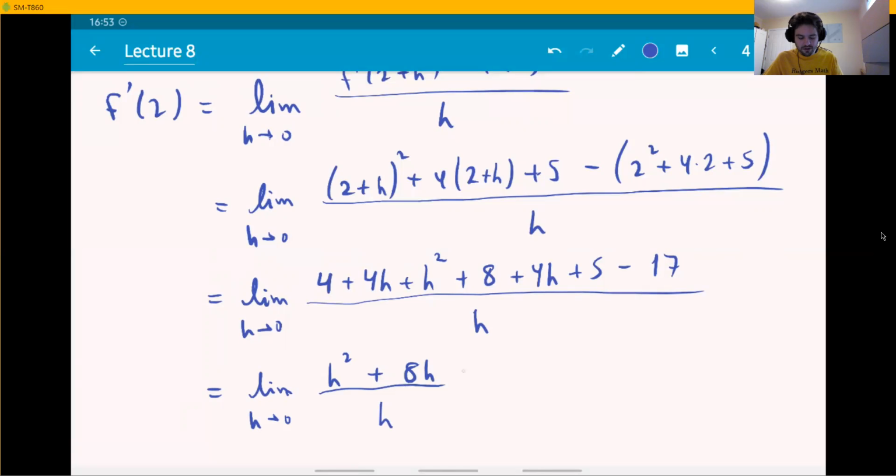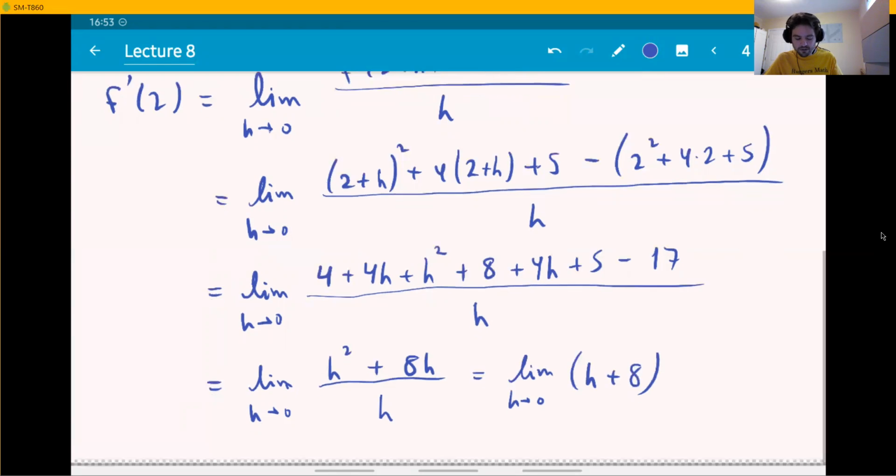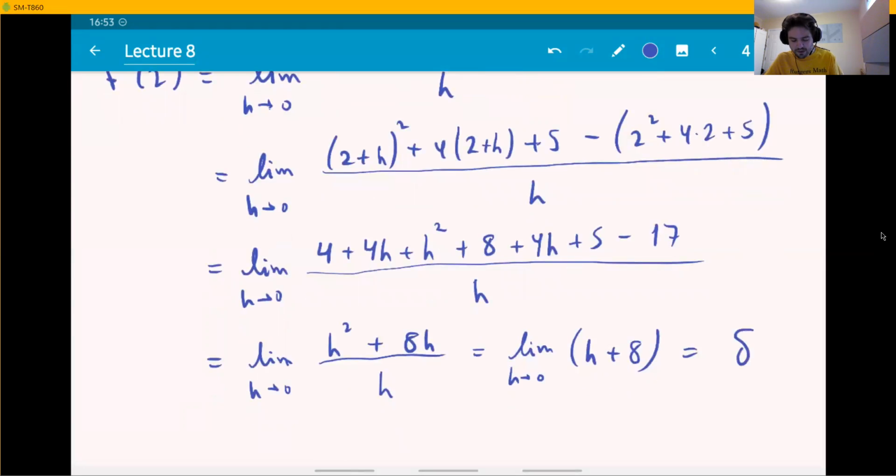If you had a number here, you know something is wrong. All right, so what do we do with this limit? If you factor out h from the numerator and then simplify it with the denominator, that's how you do the simplification that's required. And then now this is a limit where you can plug in h equals 0 and get the number 8. That's your f prime of 2 for this function.